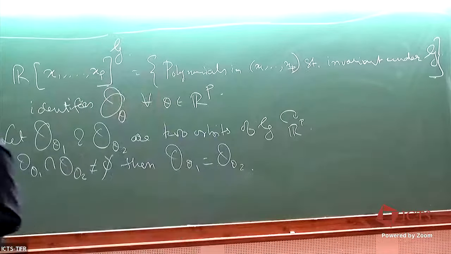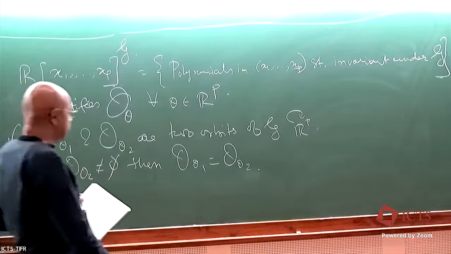Because basically, suppose this is one orbit, this is another orbit, and you have a point of intersection. Then by definition, you should be able to generate any orbit by starting from a single point in that orbit and then moving that point around under the group action. So if two orbits intersect, then these two orbits have to coincide.